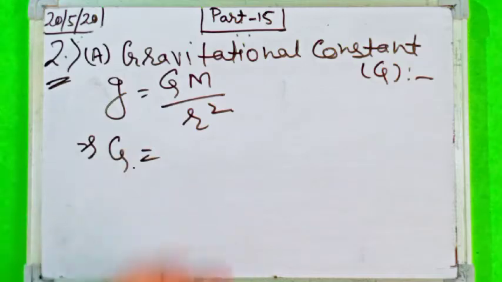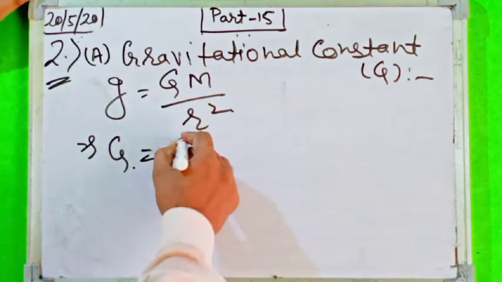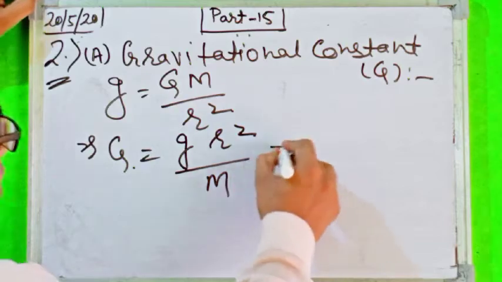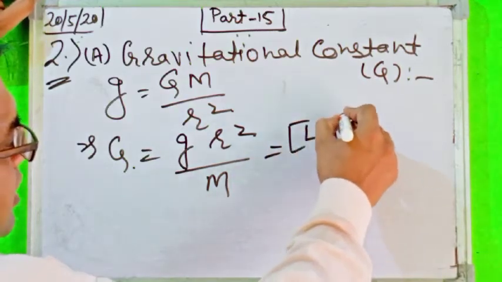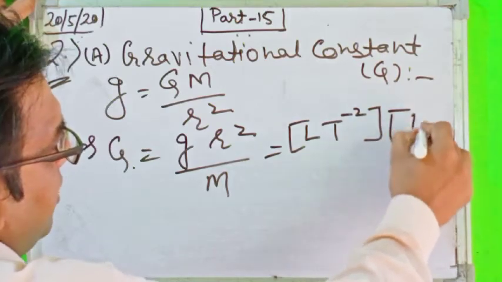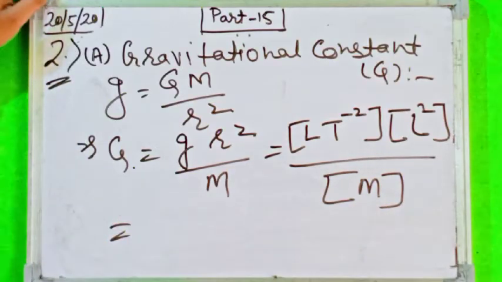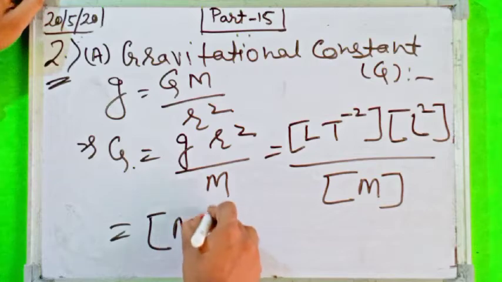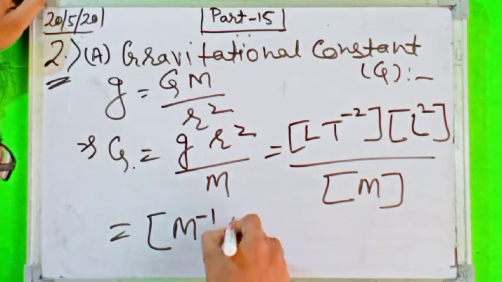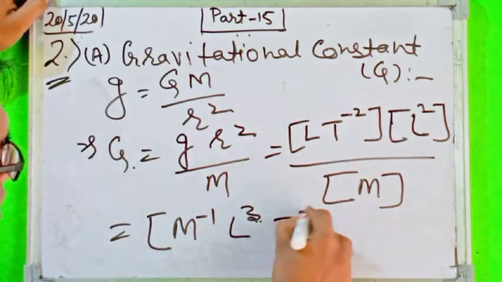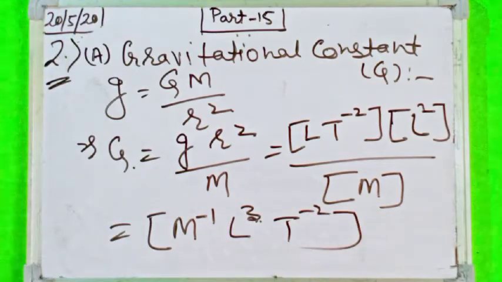So G is equal to g into R square upon capital M, which is LT^-2 into L square upon M, and from here you can write it as M^-1 L^3 T^-2.